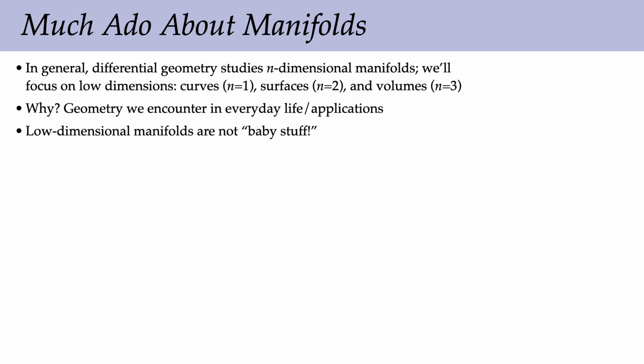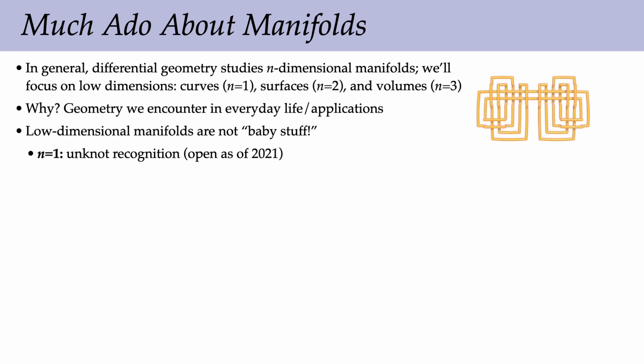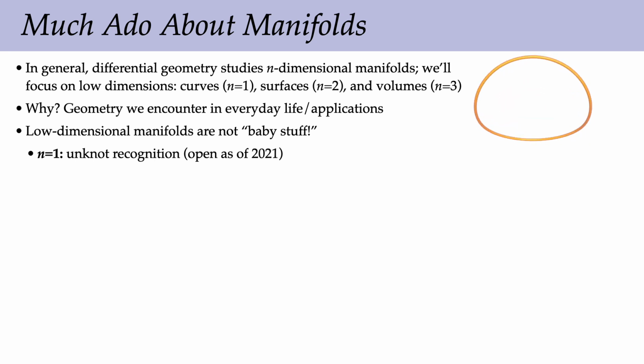So just one example is in the one-dimensional case, there's a question of unknot recognition. If I give you some complicated closed loop in R3, right, some wound up curve, I want you to compute and determine, is this curve equivalent to just the round circle, where equivalent means I can untangle it without having it pass through itself or without breaking it open.